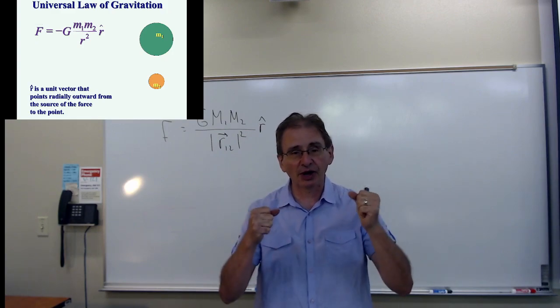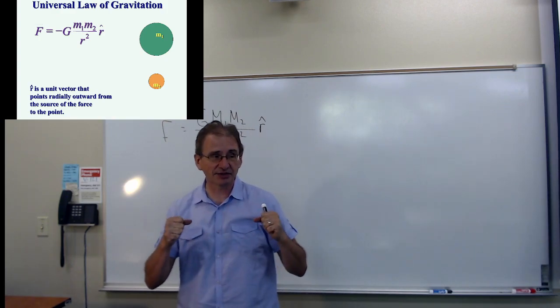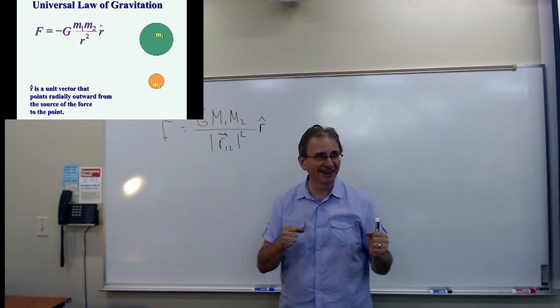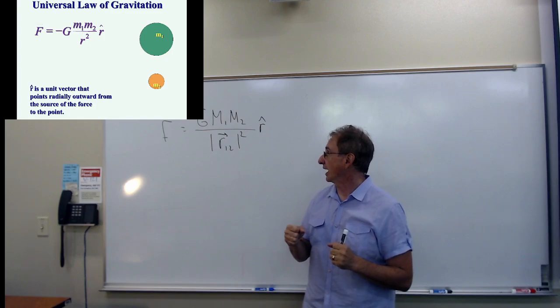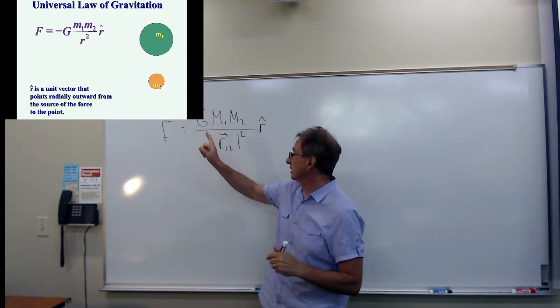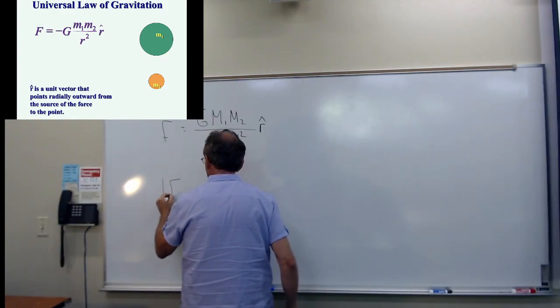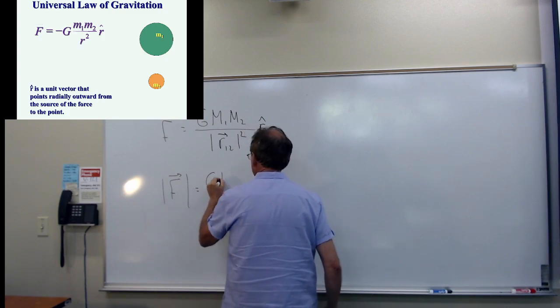Two objects are attracted to each other just because they have mass. It has nothing to do with charges or anything. There's a separate force for that you will learn in Physics 210. And the expression looks like this. The magnitude of this force, we'll write it like this.